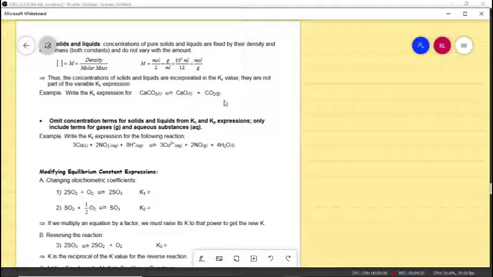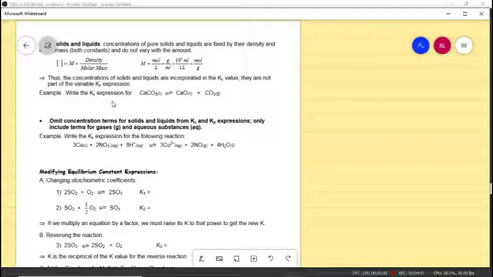So obviously this is a heterogeneous equilibrium, because you can see at least two phases.